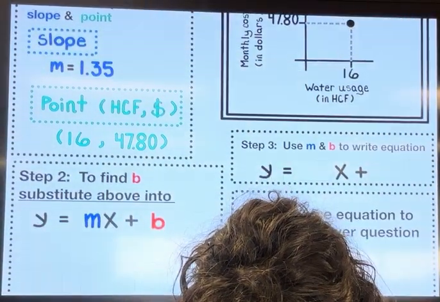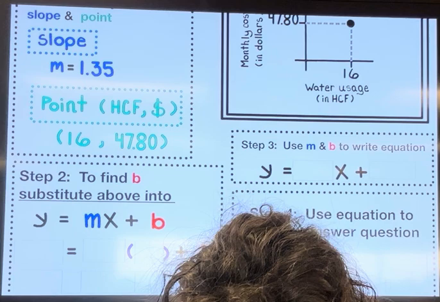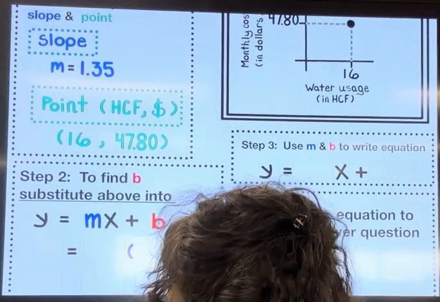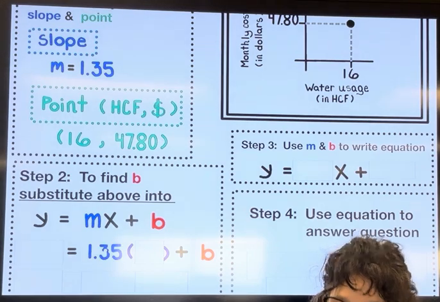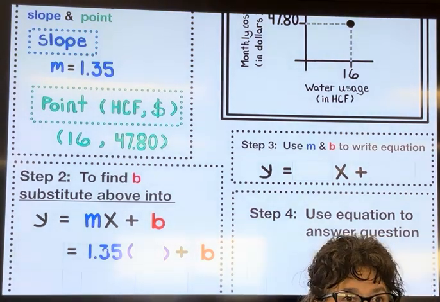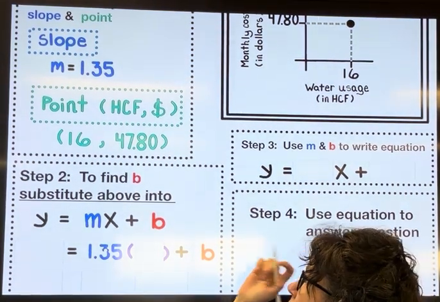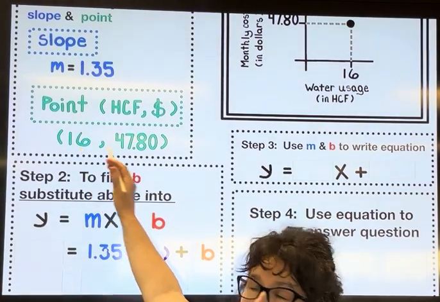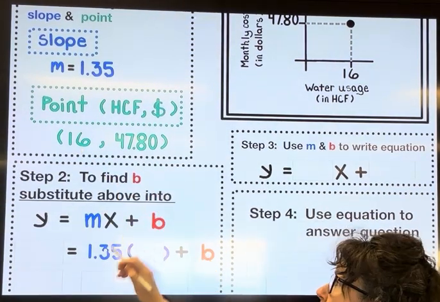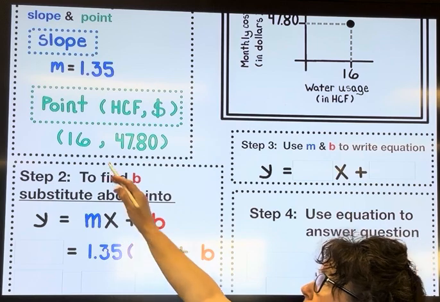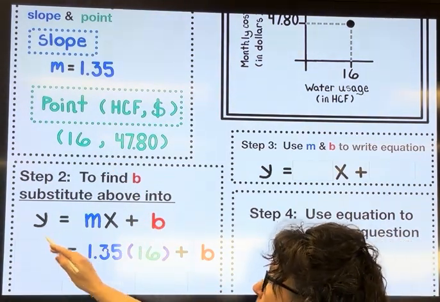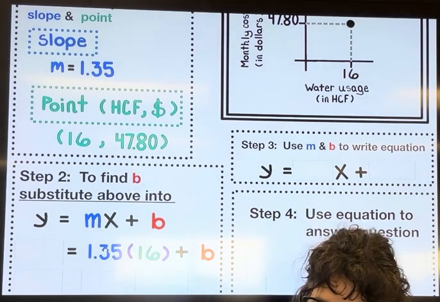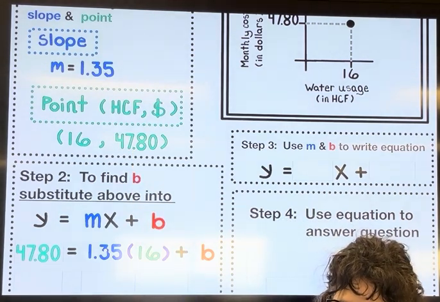And we know the m. We just found out that the m is 1.35. We know an x and a y. So in for this x, I'm going to put in 16, and in for the y, I'm going to put $47.80.